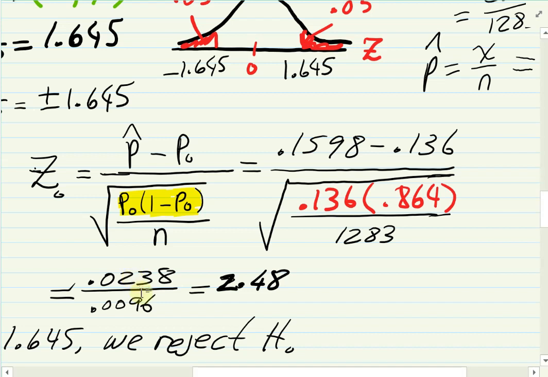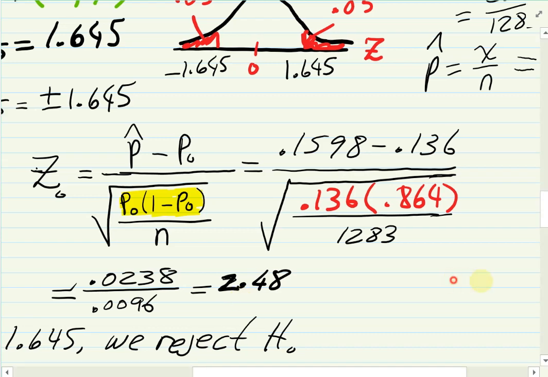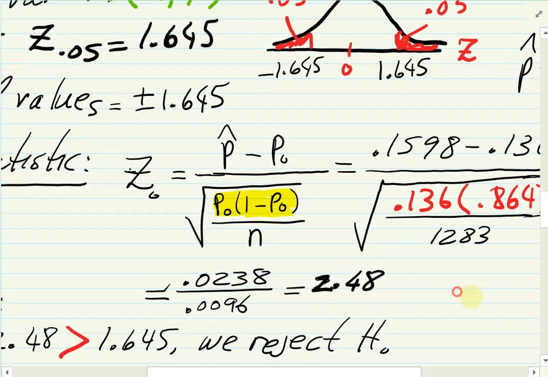And then we divide that by units of standard deviation. And this tells us on a z distribution, the standard normal distribution, how many standard deviations we are above 0. We are almost 2.5 standard deviations above 0. So that's kind of an unusual value to have.